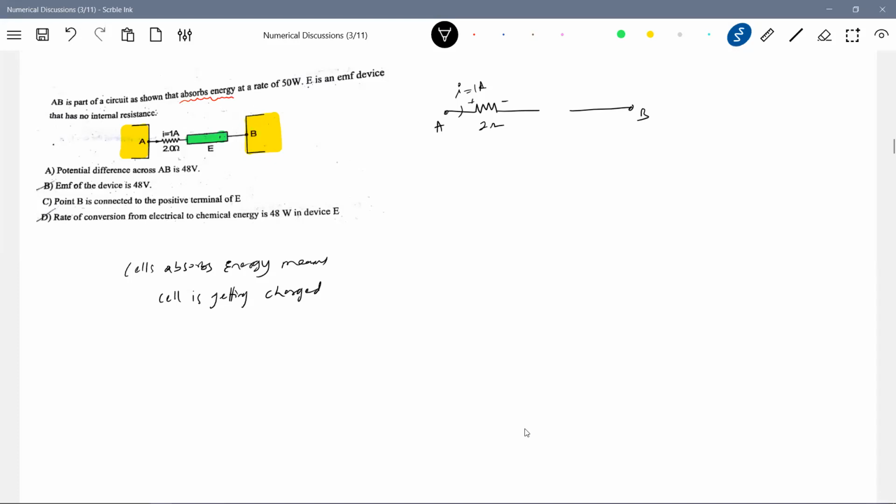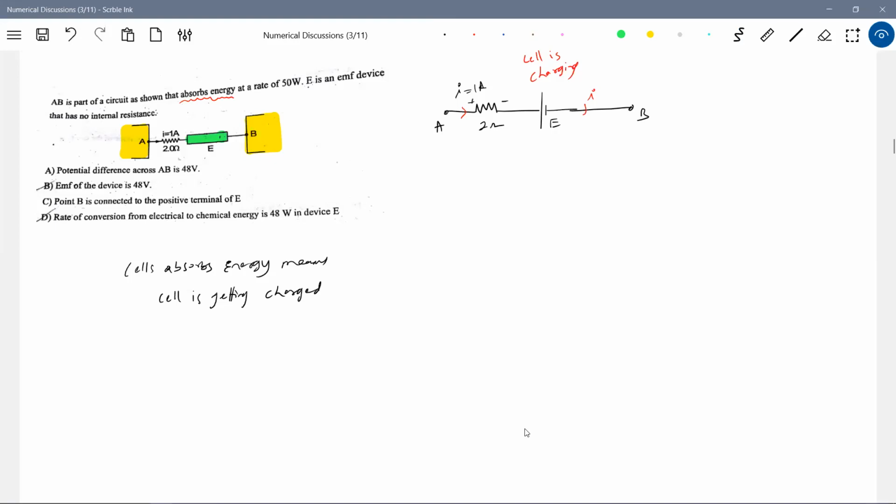When getting charged, what will happen? The current will enter the positive terminal, no? So it has to be like this, the EMF of the cell. When a current enters the positive terminal, then it is said to be charging. If a current leaves the positive terminal, the cell will be discharging. That is the meaning of absorbs here.